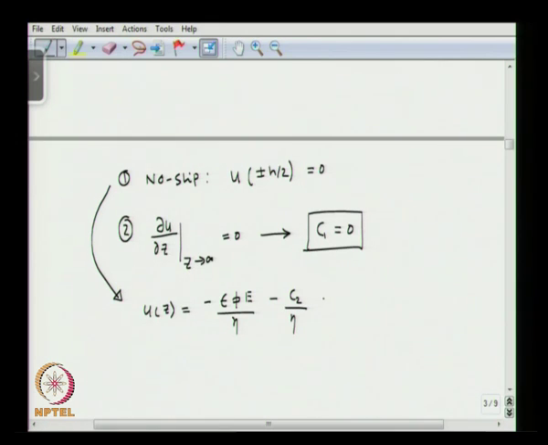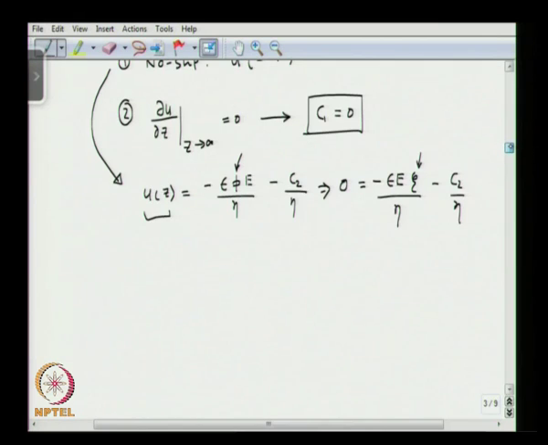So, this is 0 at plus minus h by 2, equal to minus epsilon E into zeta over eta minus C2 by eta, because at the wall this potential is going to be the zeta potential. So, we get an expression for the constant C2: C2 will be minus epsilon into electric field into zeta.